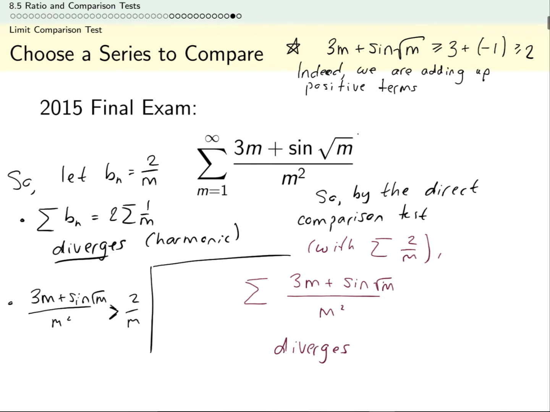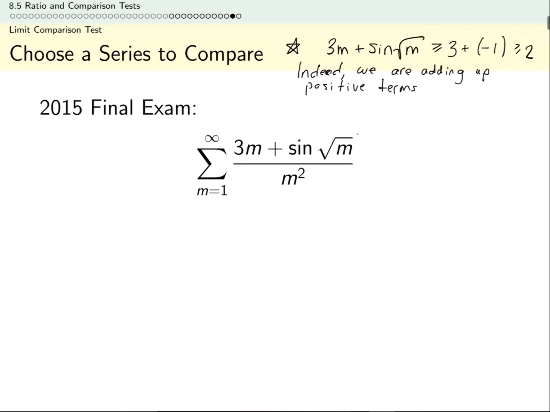If you're writing this down and you need to justify your work, after you choose your comparison, you need to state whether it diverges or converges. And then you also have to make sure that the inequality goes in the correct direction. This is why our original comparison series, 3 times the harmonic series, did not work.